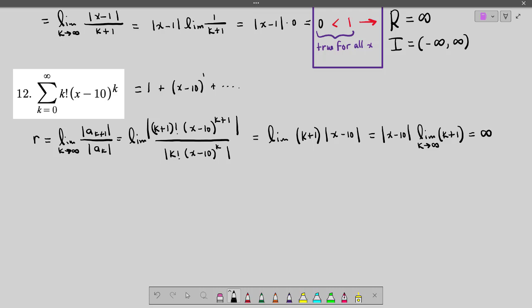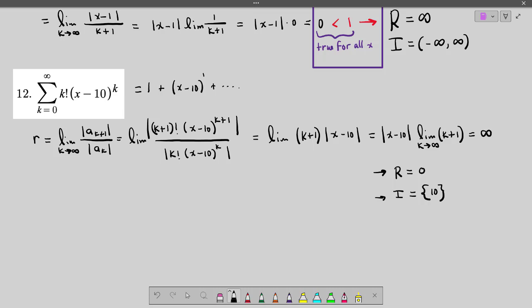So the radius of convergence is 0. The interval of convergence is degenerate. It only contains the singleton, which is the center of the series.